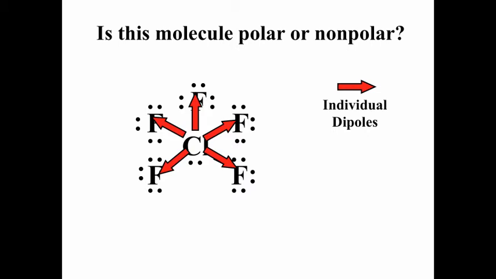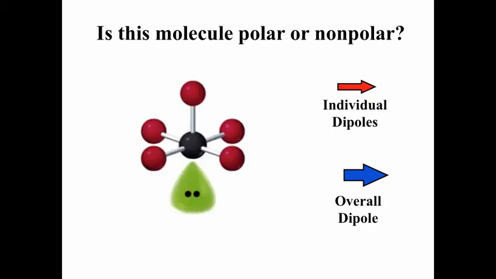Notice we don't have a dipole to the lone pair, and so our individual dipoles don't completely cancel out, and we get an overall net dipole towards the top fluorine that we have drawn in this representation. So the overall dipole is that way.